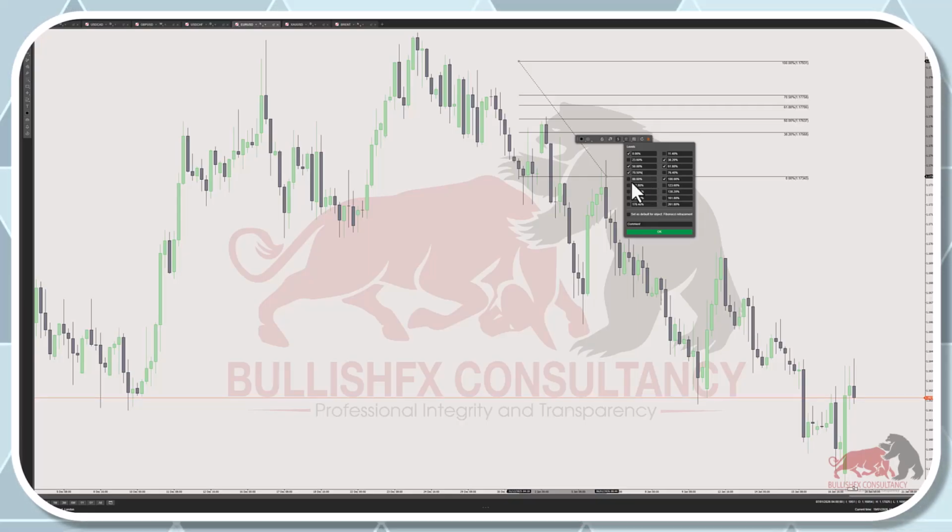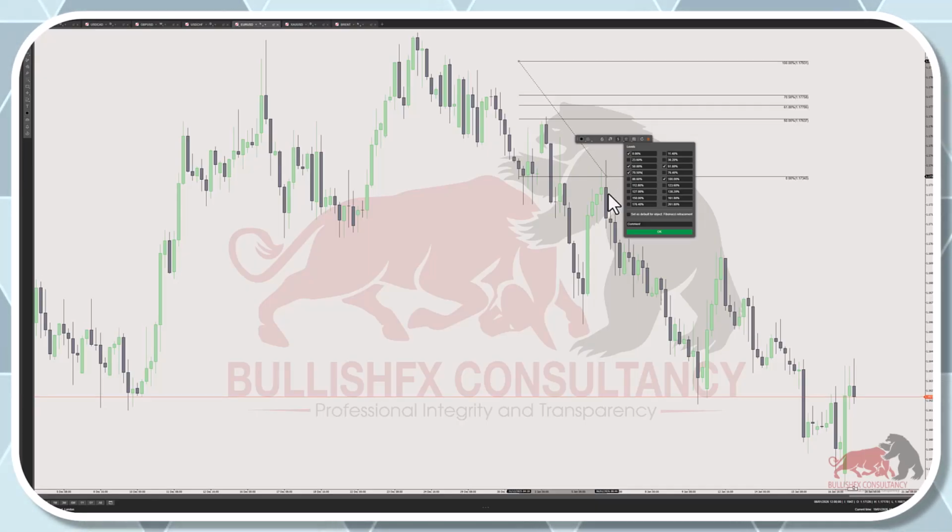And then we also have these other levels here, which I do not really use. If you use them, then you need to tick it for it to be available on the levels. Then we've got 38%. This is your 38% retracement level. I do not use that.